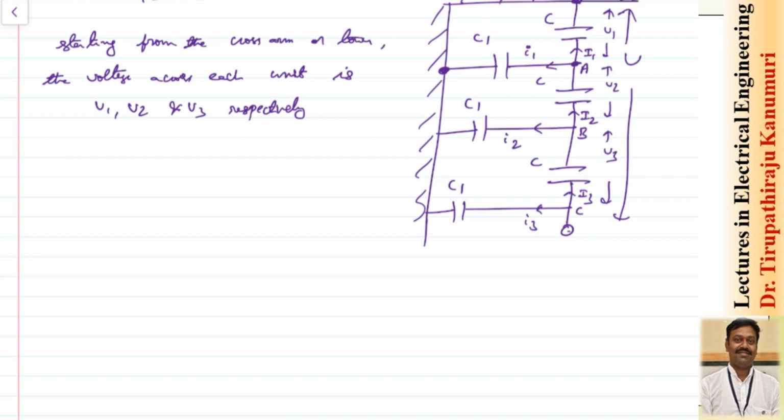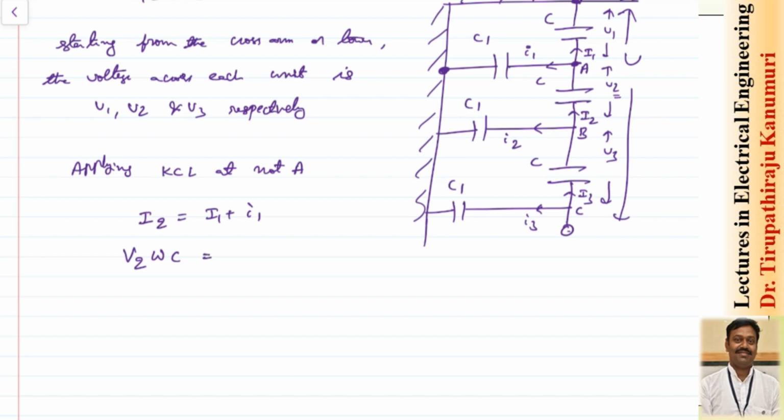So, I am applying the KCL at node A. At node A, the current entering I2 is equal to the current leaving, I1 plus small i1. So this I can write as V2 into omega into C, because I2 can be calculated from V2.